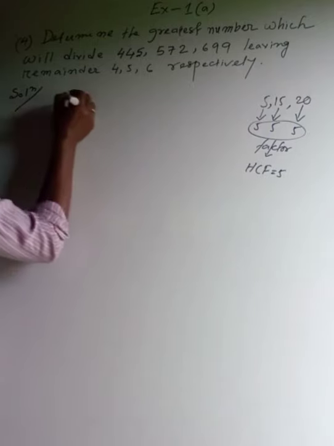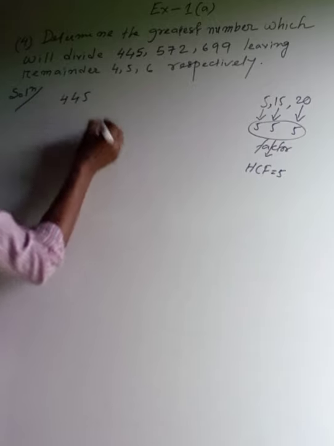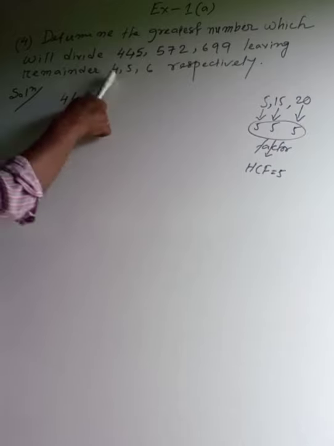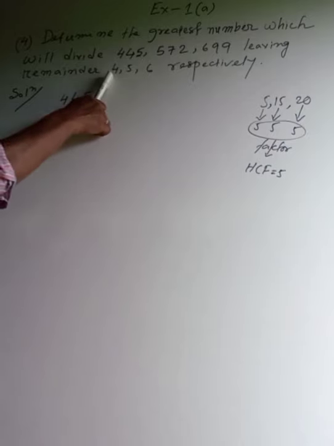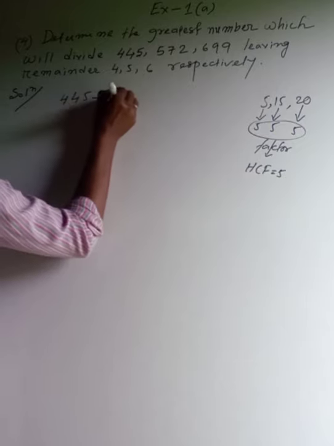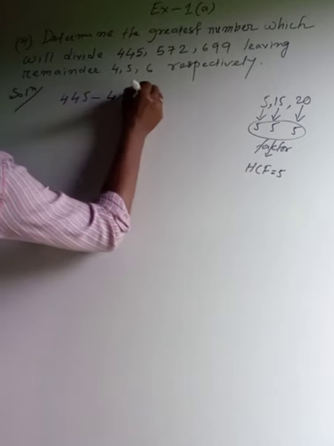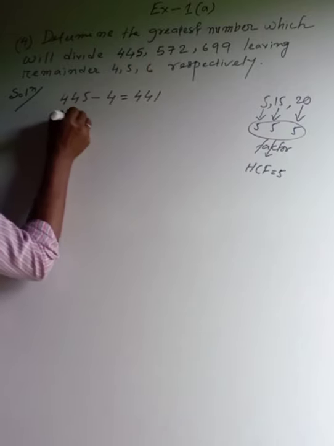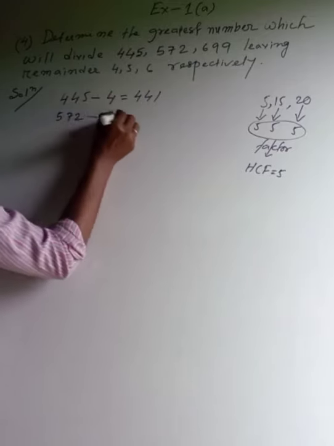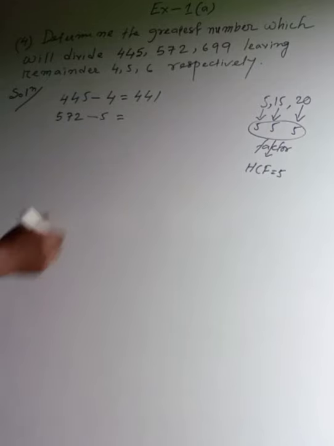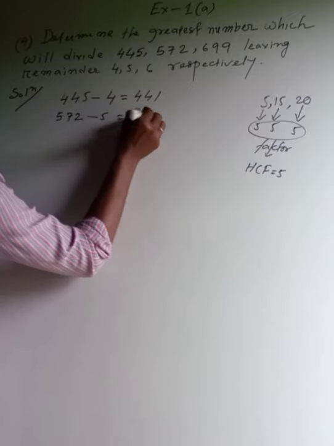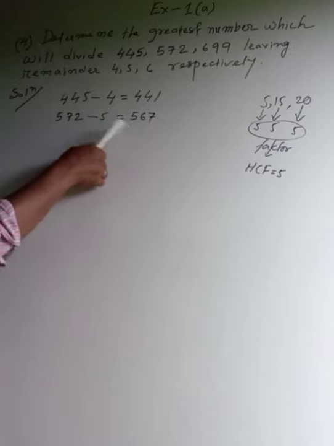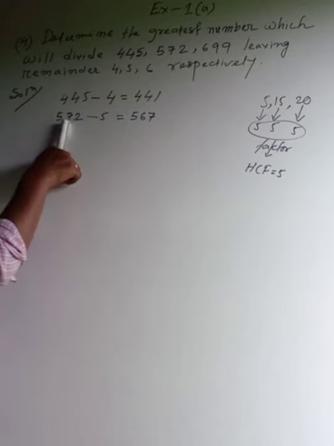First of all, in case of 445 the remainder is 4, so minus 4 gives 441. For 572 the remainder is 5, so 572 minus 5 equals 567, because 7 plus 5 is 12, carry 1, and 6 plus 1 is 7.